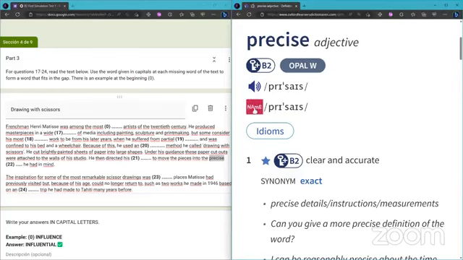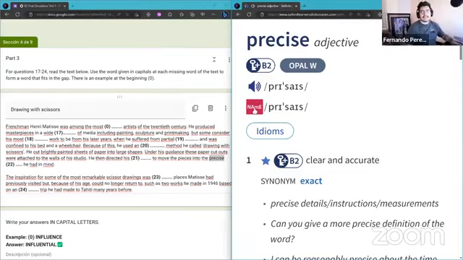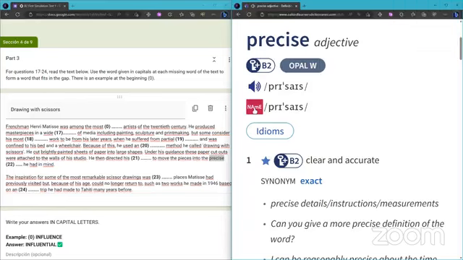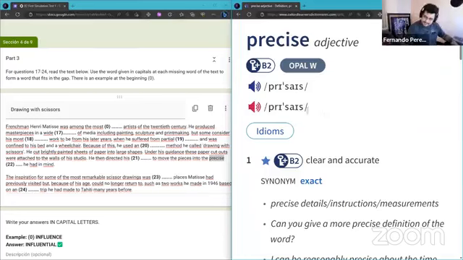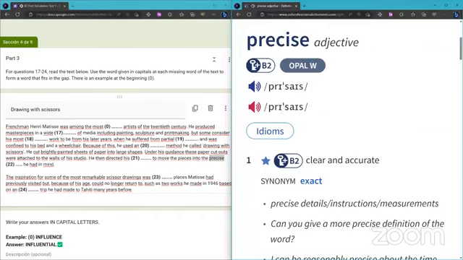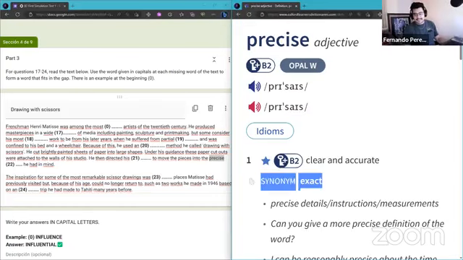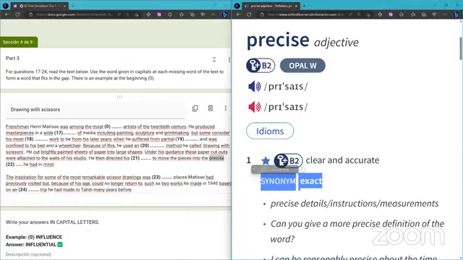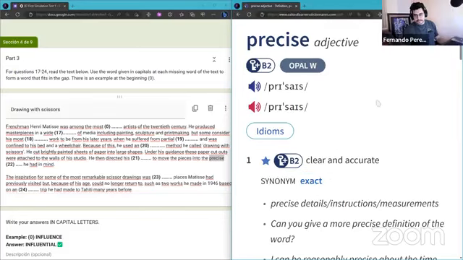Exactly. The second syllable is the strong one. Precise is similar to exact, and it's an adjective.